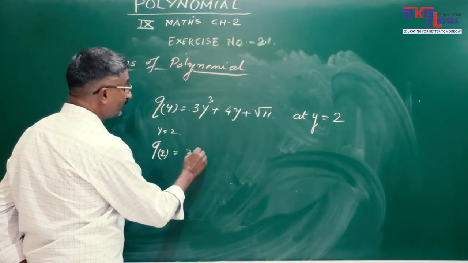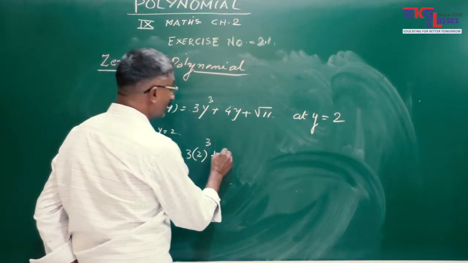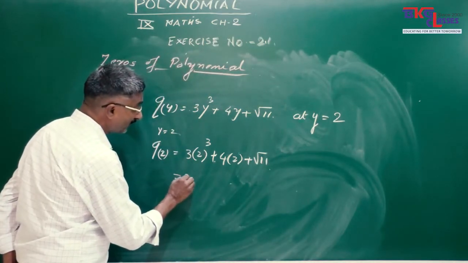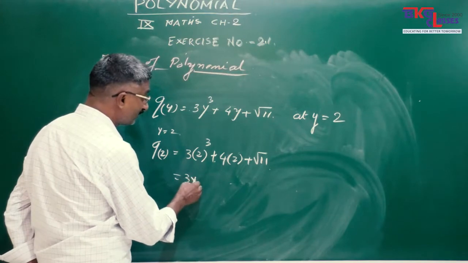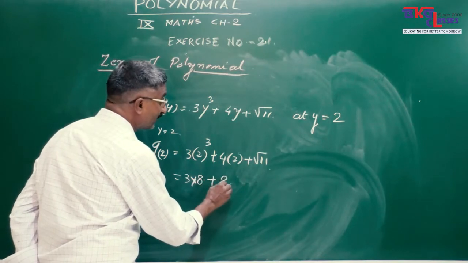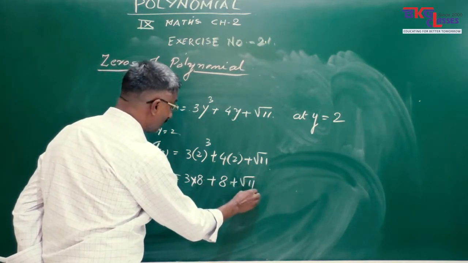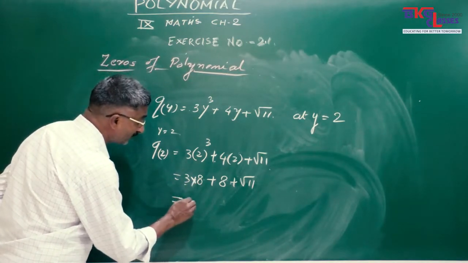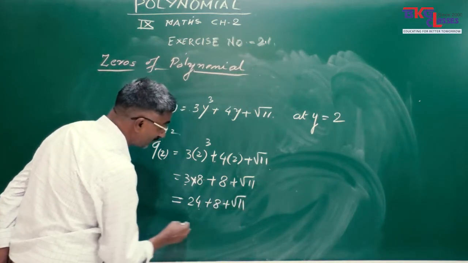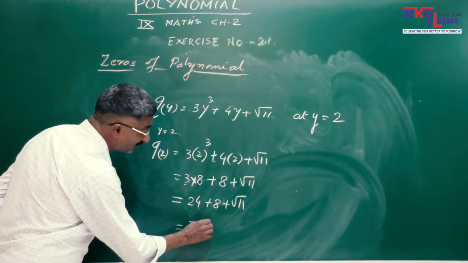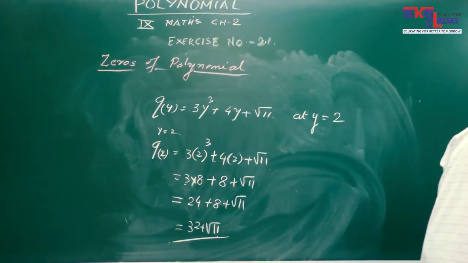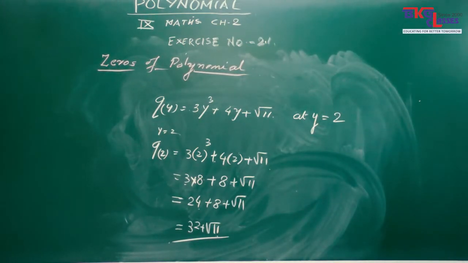So, this is 3 into 2³ + 4 into 2 + √11. So, 3 into 2³, 2 twos are 4, 4 twos are 8. 8 threes are 24, plus 8 plus √11. This is 32 + √11. So this is the answer for y = 2.